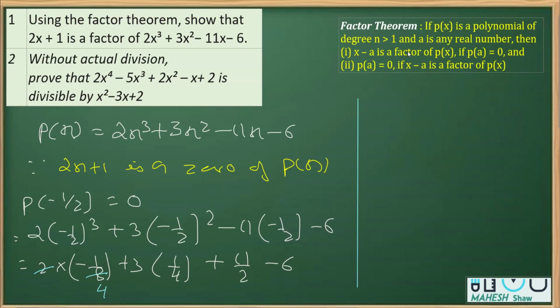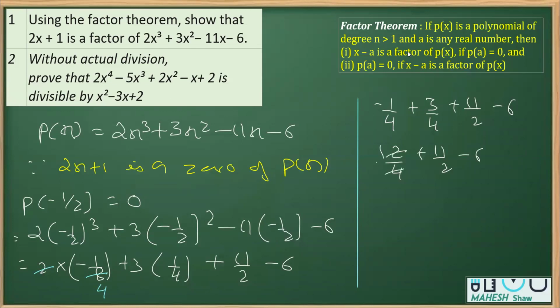So what you'll get is minus 1 over 4 plus 3 over 4 plus 11 by 2 minus 6. Let's solve this part first. Minus 1 plus 3 is 2, that is 2 over 4, plus 11 over 2 minus 6.